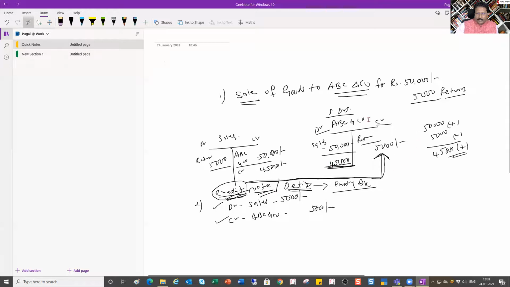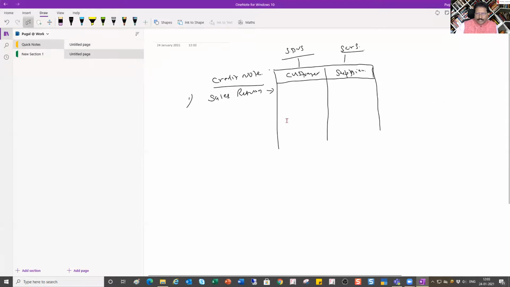So a credit note you are going to pass on sales return is going to reduce the outstanding amount.